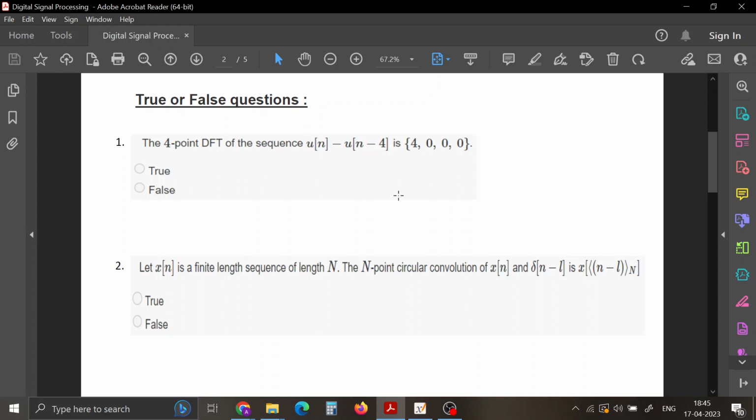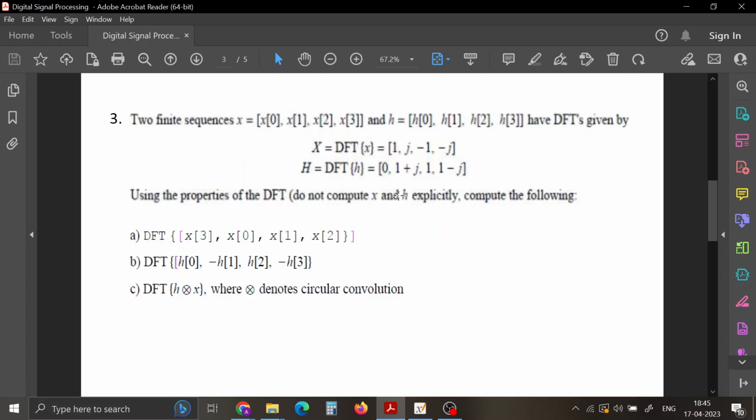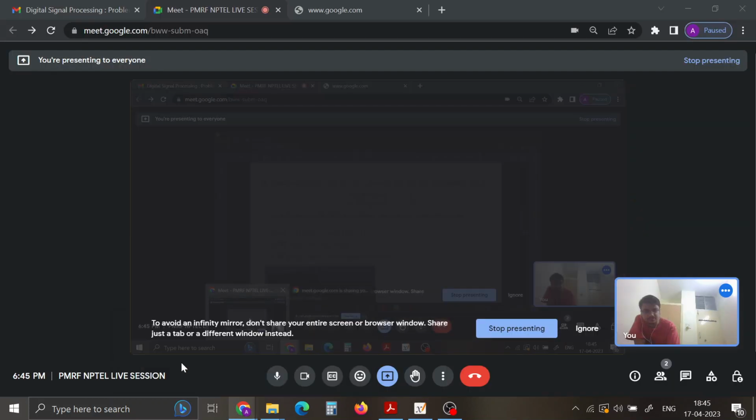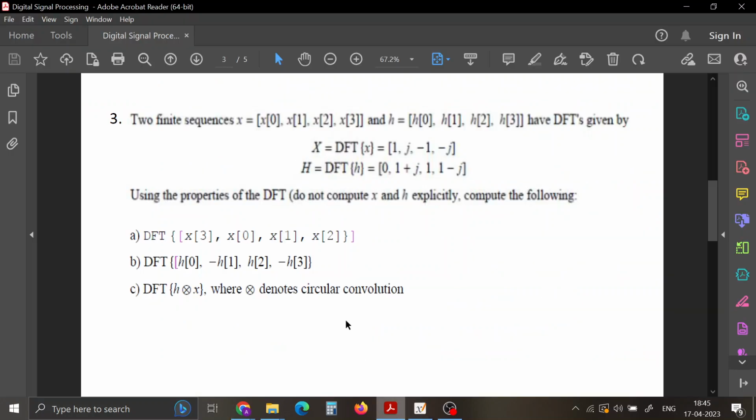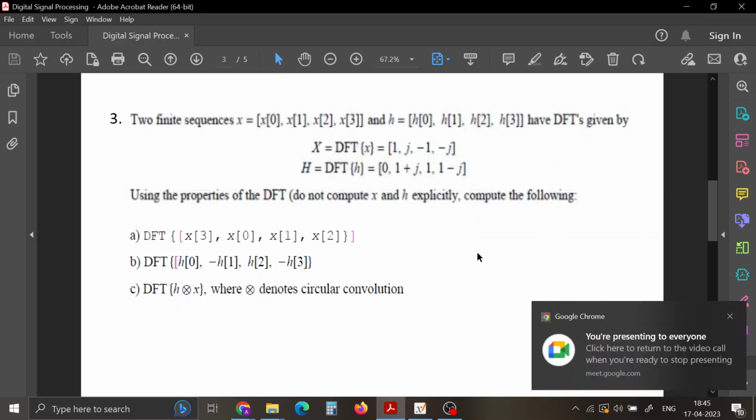So that's it. Now moving to the third question. This is the third question. We have been given two finite sequences.